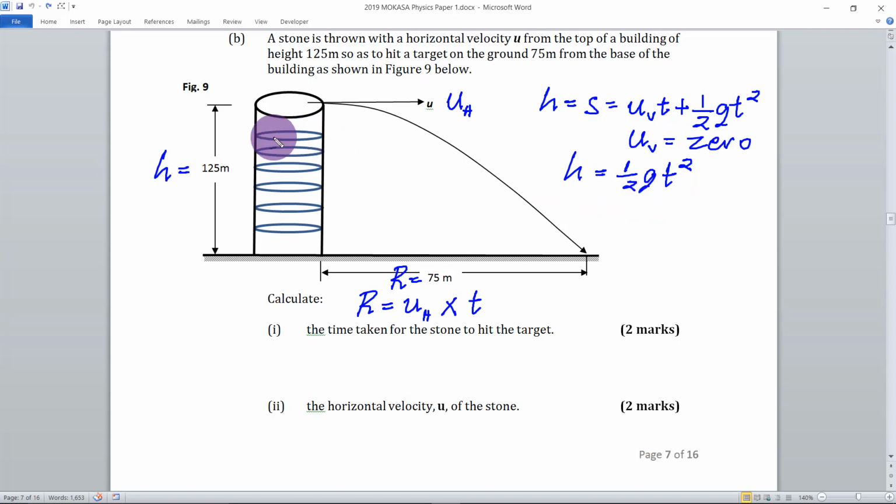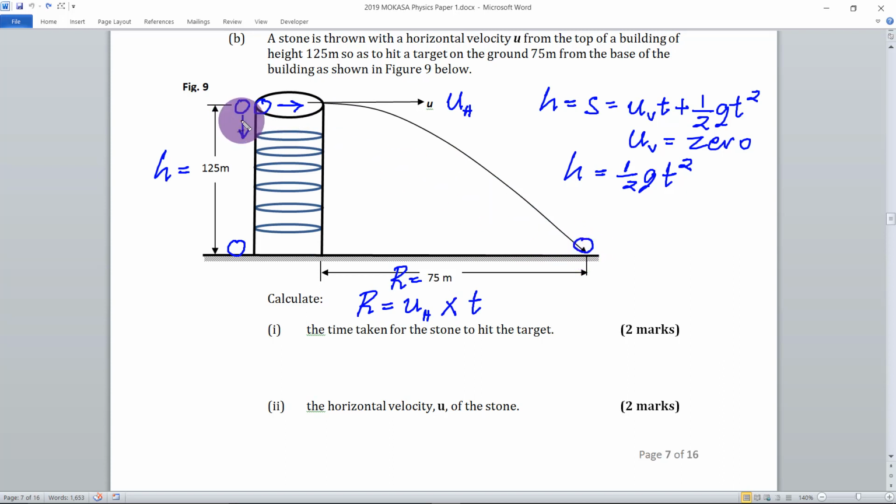The other idea that is very important to us is if you've got two objects, two stones, one is projected horizontally and the other one is just released, you will find that they will hit the ground at the same time. This one that is released, the moment it just hits the ground, this other one which was projected horizontally will also just hit the ground.